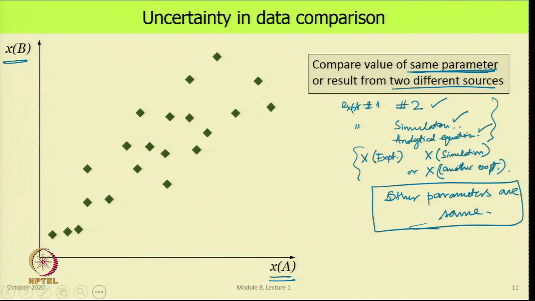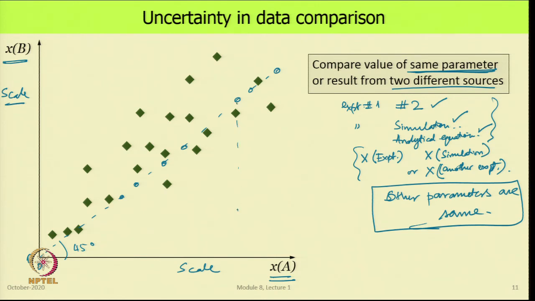Now, ideally, if we draw a 45-degree line over here, it would represent those locus of points, and the scales are the same. This scale here is same as this scale here, both are from 0. So, if both of these are linear scales, all the points that would lie on this 45-degree line would tell us that there is a perfect match.